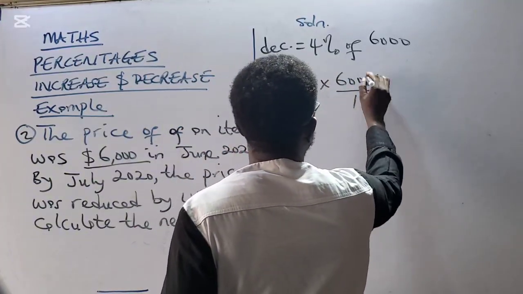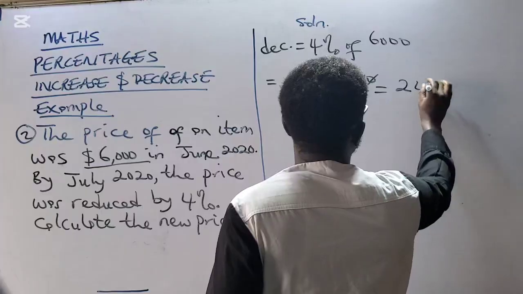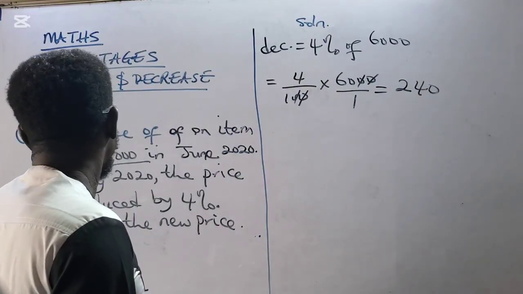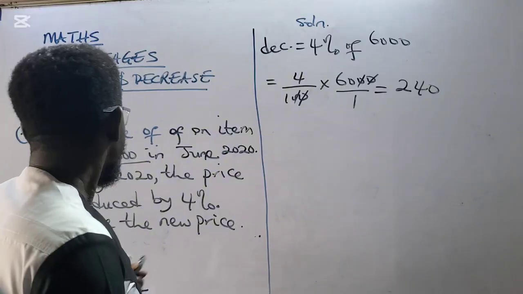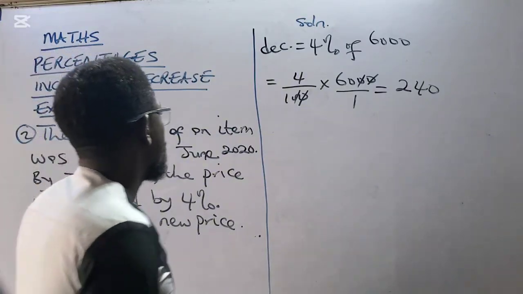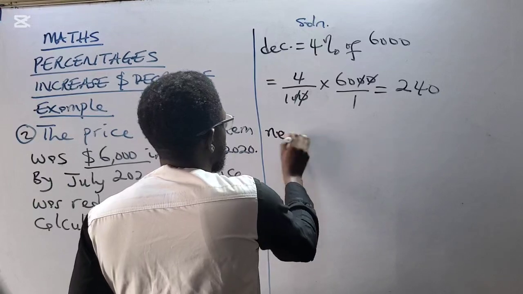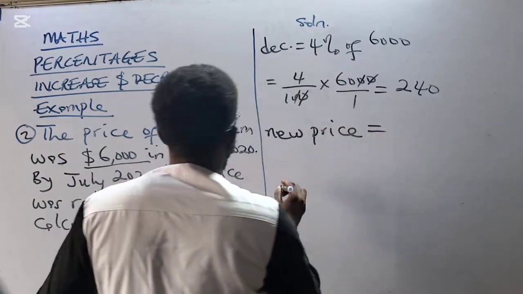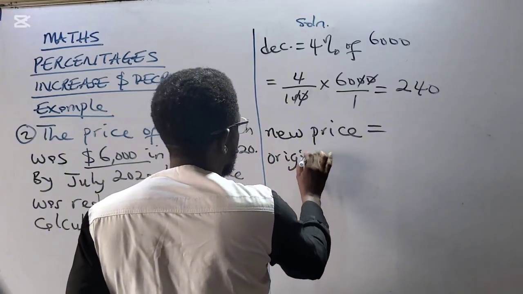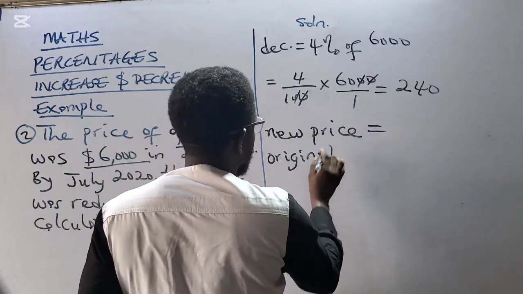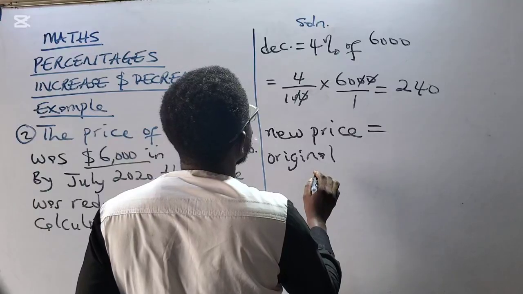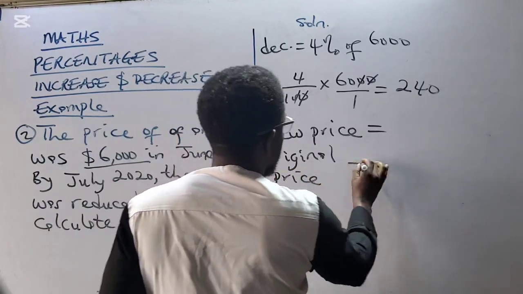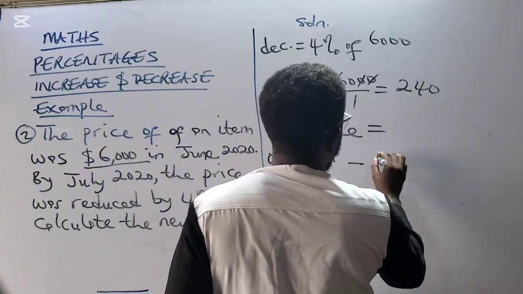And so I'll go with this. That was $240. That's the decrease. So now we have to calculate the new price. The new price will be the original price minus the decrease.